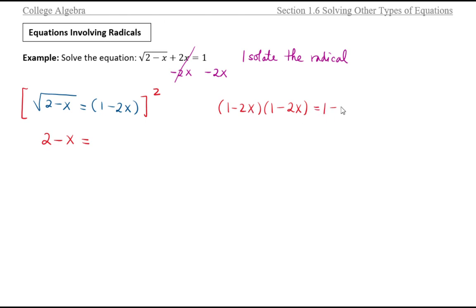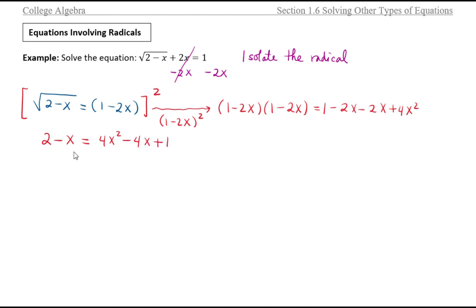Then I have negative 2x and then another negative 2x, and then plus 4x squared. So this is 1 minus 2x, squared. On the right side I come up with 4x squared minus 4x plus 1.